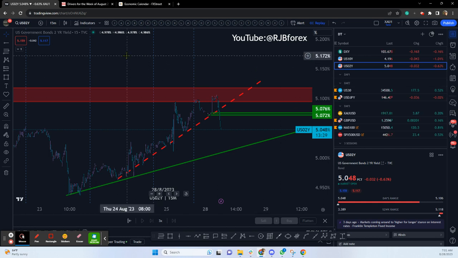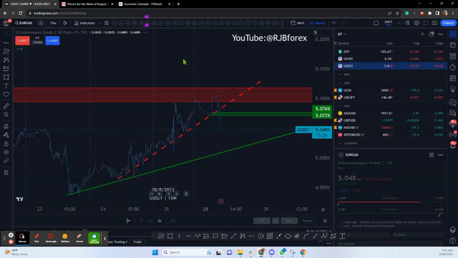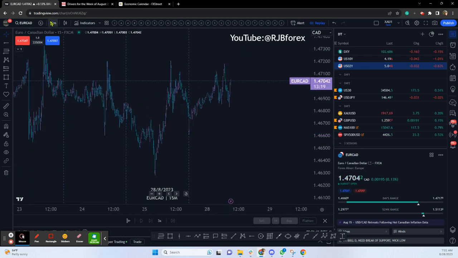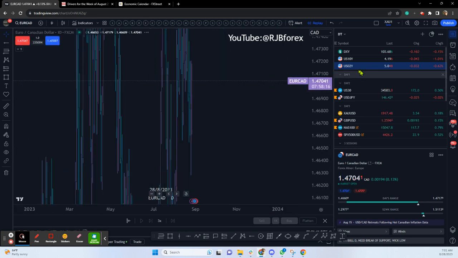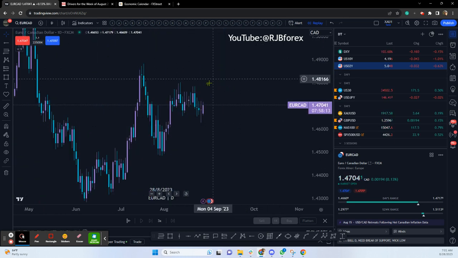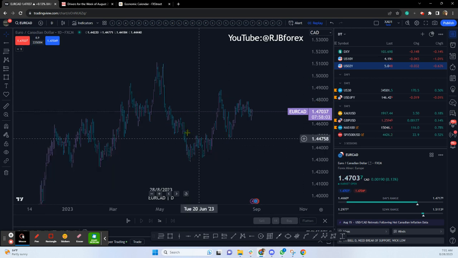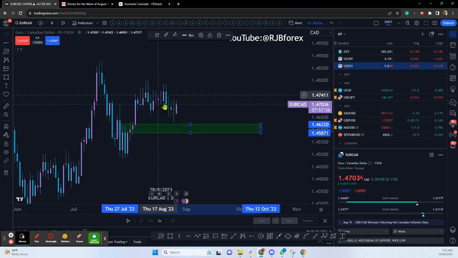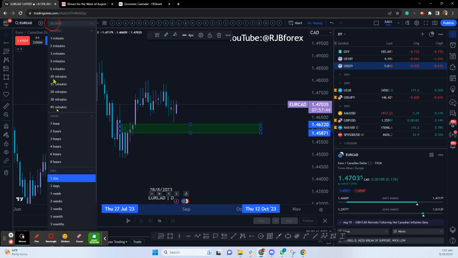But we're looking at Euro CAD now. Fair bit of support in Euro CAD at the moment on the downside, but looking bearish on that daily chart. Nothing really jumping out at me, I'm afraid, on Euro CAD.